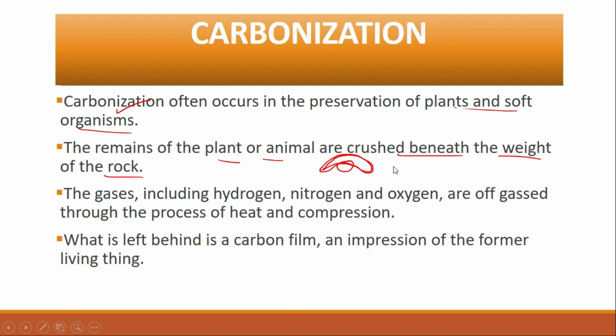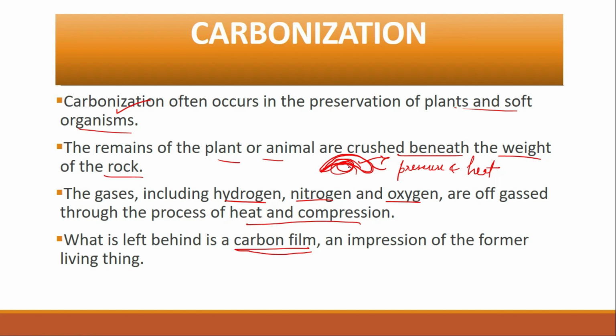Now what happened? Due to this pressure and heat, gases like hydrogen, nitrogen, and oxygen got released into the air. After these gases are off-gassed due to this heat and compression, the only thing left behind is a carbon film.